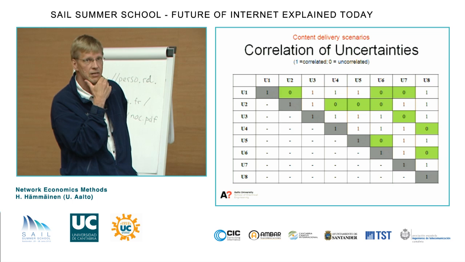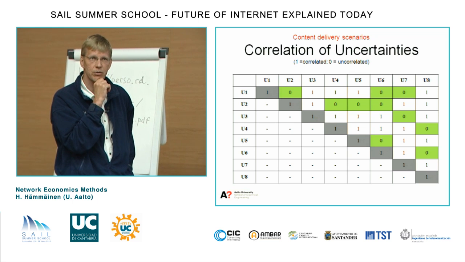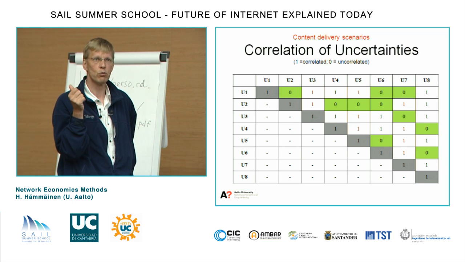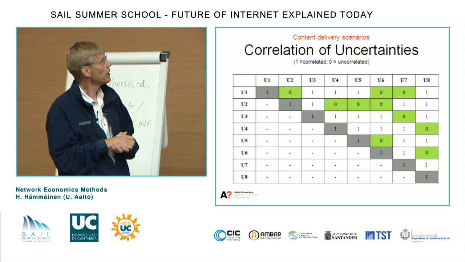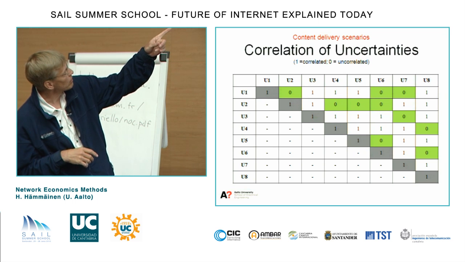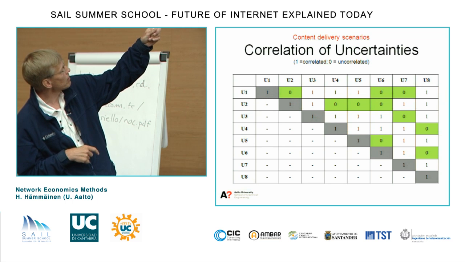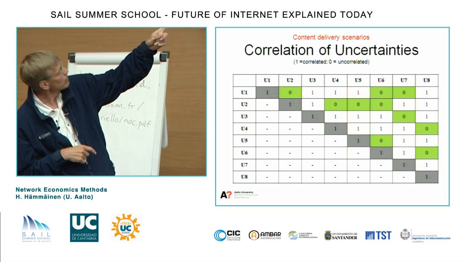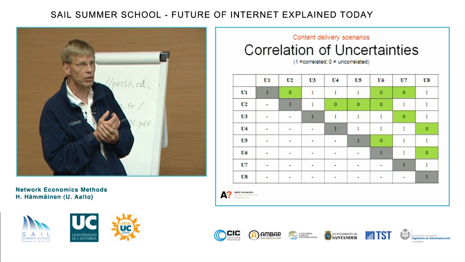And the question is that we are looking for independent uncertainties, independent variables. If there are dependencies, one is subordinate to another, they are not good for spanning possible futures. So we want independence. And you can see the green 0 means uncorrelated. So you can see that U1 and U2 are uncorrelated because there is 0 and the box is green.